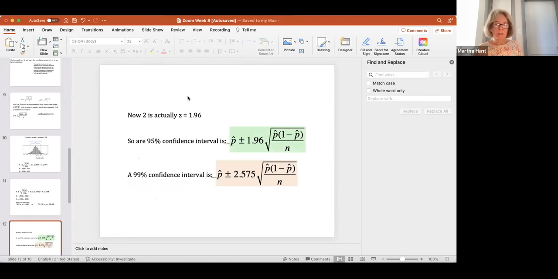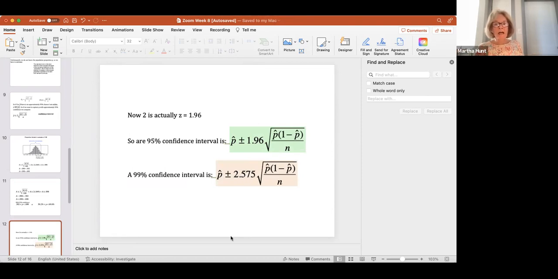Truth be told, the empirical rule kind of made things easy computationally for us, but the 2 is really not a 2. It's a 1.96, and the 3 to capture 99% isn't really a 3, it's 2.575.